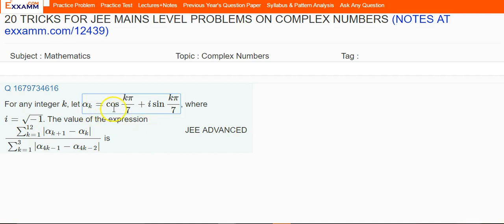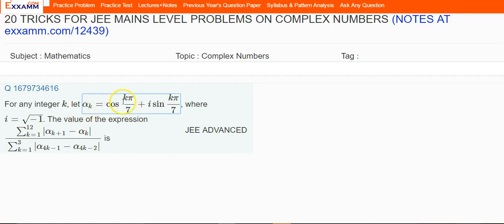So if it is cos k pi upon 7 plus i sin k pi by 7, do we know this expression somewhere? What we know is cos 2k pi upon 14 plus i sin 2k pi by 14, for k equal to 0 to 13, to be the roots of unity, when alpha to the power 14 is equal to 1, the 14 roots of unity.